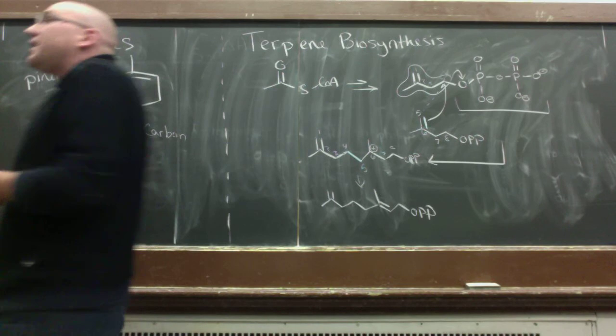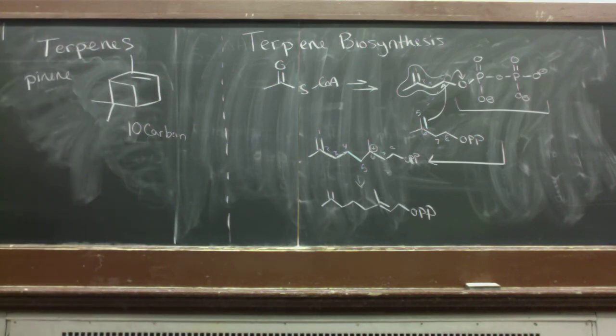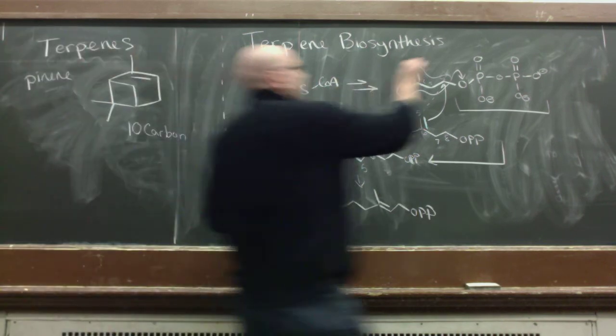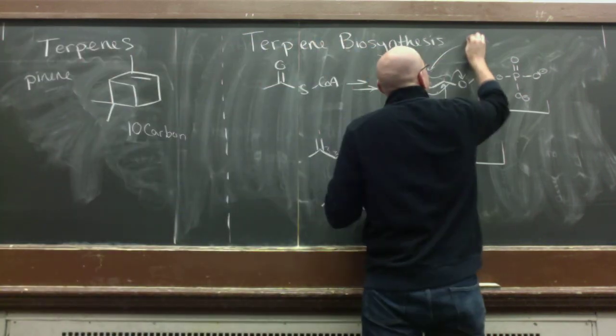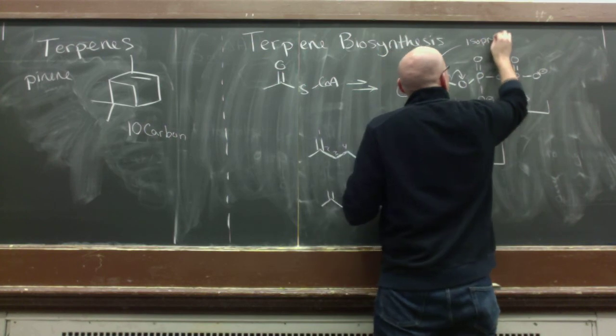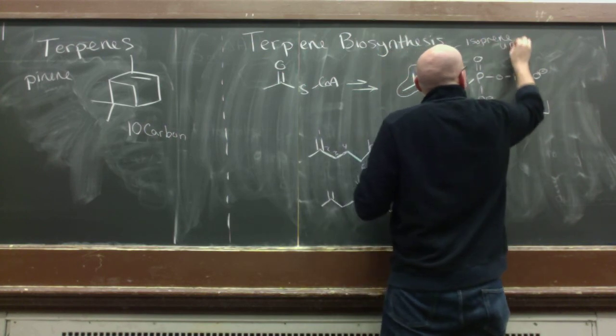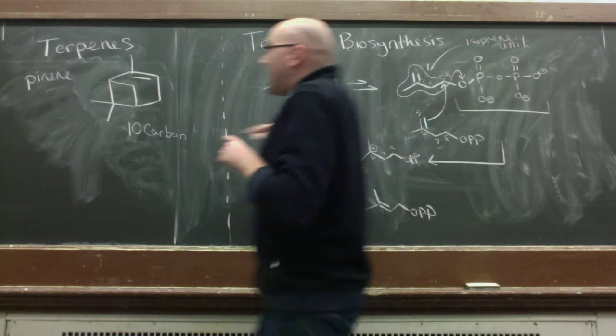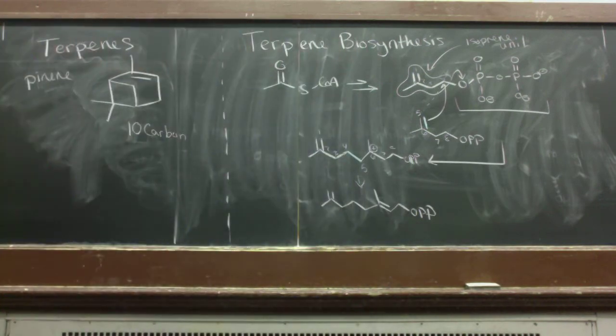Now, one of the interesting things about terpenes is that sometimes you can actually see the isoprene unit. So this is an isoprene. You can actually identify the isoprene unit within the molecule.